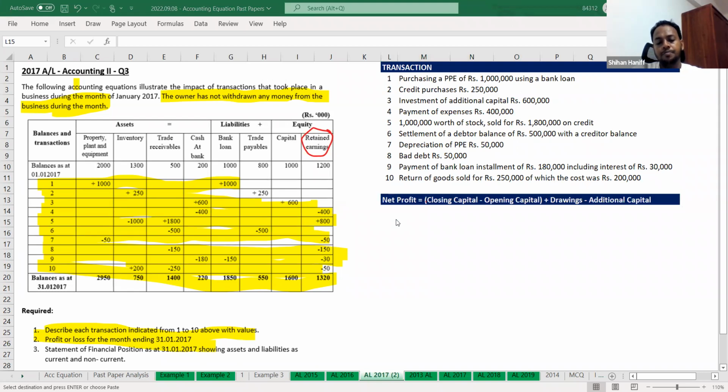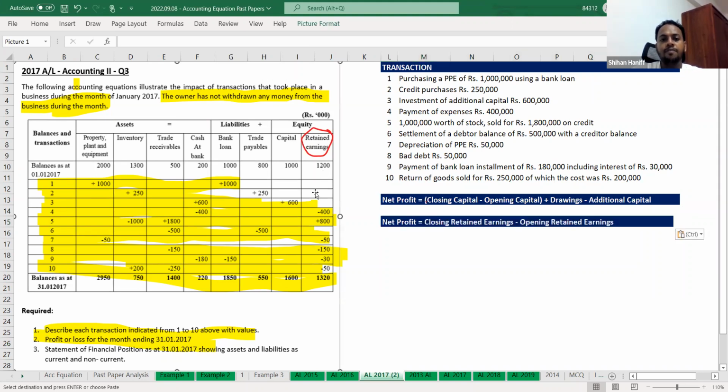But here you can simply calculate by taking the difference between retained earnings. Closing retained earnings minus opening retained earnings. This difference is the profit.